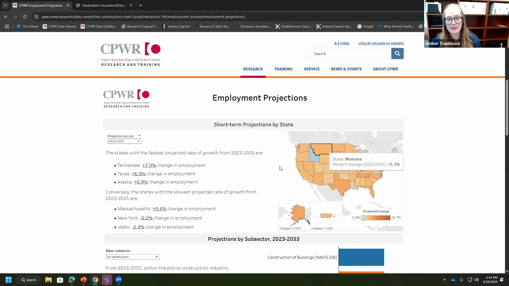And again, we summarize key findings here, but you can also, if you're interested, let's say I'm actually from Texas, so I'm real passionate about the state of Texas. I want to see what's happening. And so from 2023 to 2025, we see, again, about a 7% change in growth for Texas.